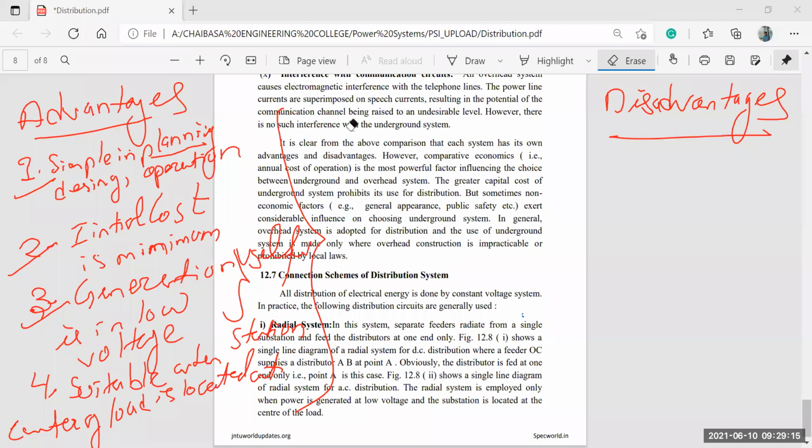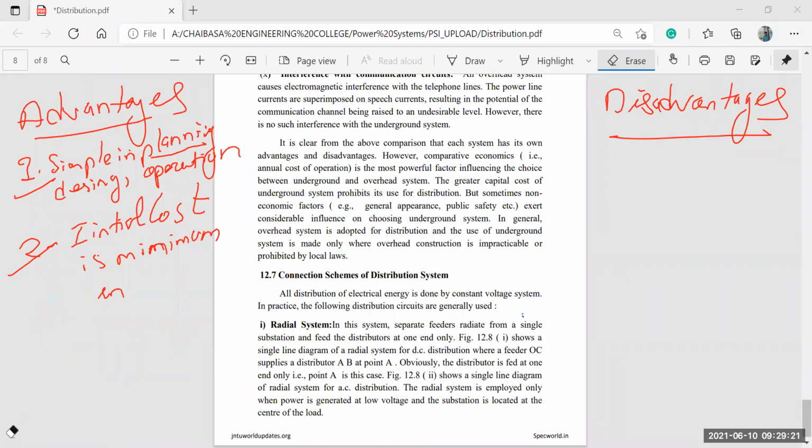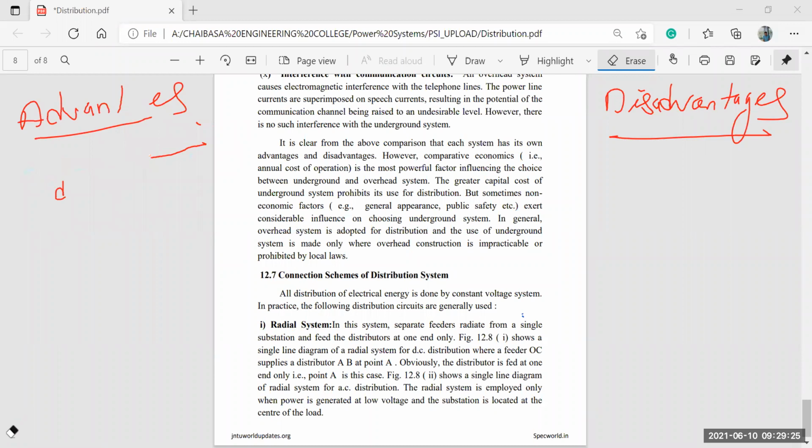These were the few advantages you have to keep in mind. It may come in other ways too. That is what makes the difference between radial and this center-load part, which I have asked you about once before.